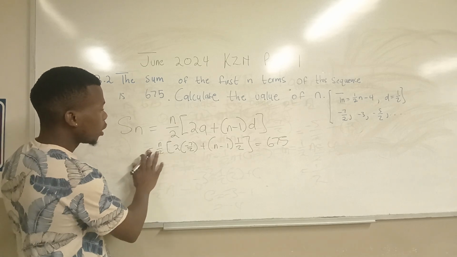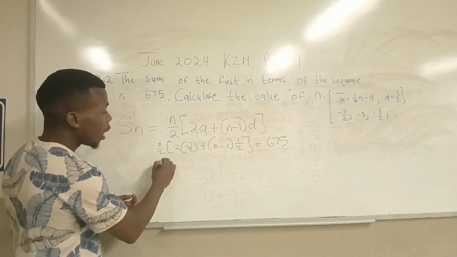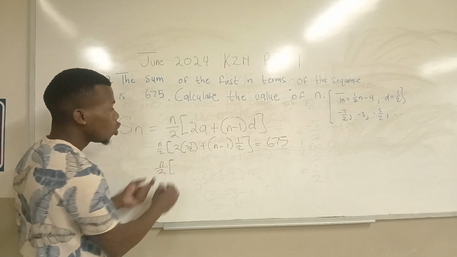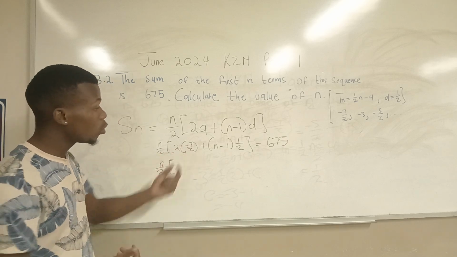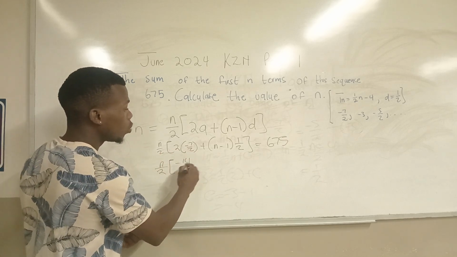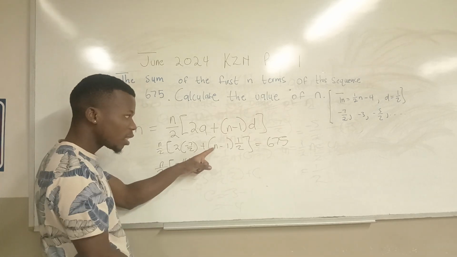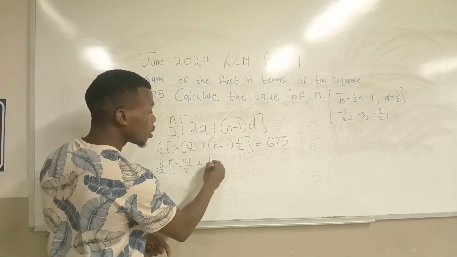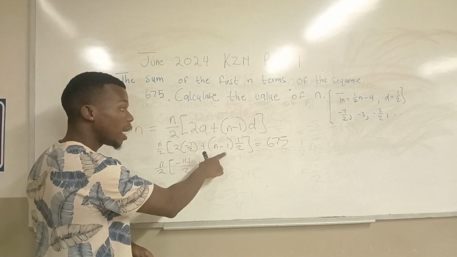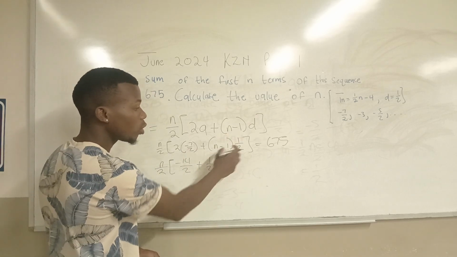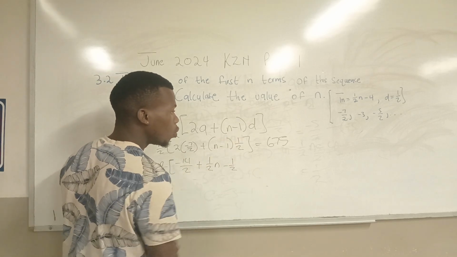Let's carry on. This will equal n over 2. 2 multiplied by negative 7 over 2 is minus 14 over 2. Plus 1 over 2 multiplied by positive n is positive 1 over 2n. Negative 1 multiplied by positive 1 over 2 is minus 1 over 2.